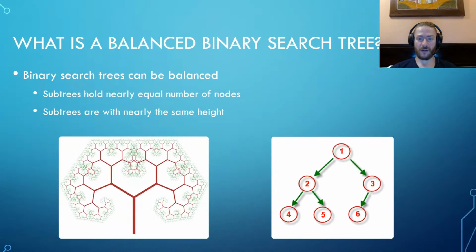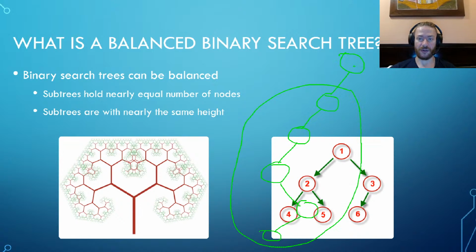Because imagine the following tree. If we have a value here, then we insert a value and it goes to the left. Then we insert a value and it goes to the left. Then we insert a value and still it goes to the left. Then to the right. And then again to the left. This will not be balanced because the left part of the subtree below the root node will have 1, 2, 3, 5, 6 elements, and the right part doesn't have an element, 0.